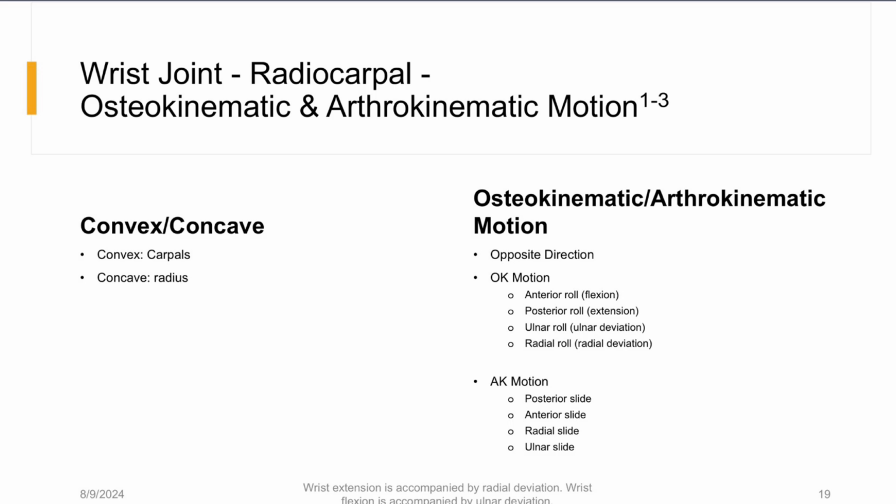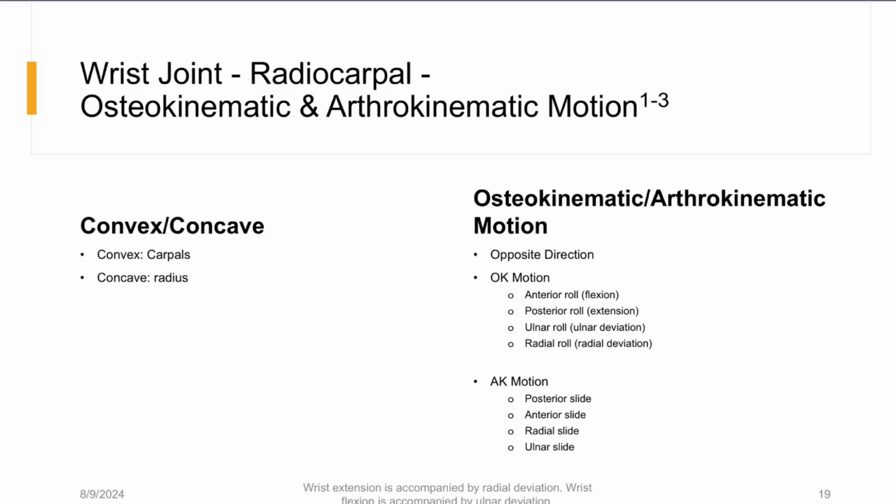So with flexion at the wrist, you're going to get an anterior swing and roll with a posterior slide or glide. With extension, you get a posterior swing and roll with an anterior slide or glide. And then with ulnar deviation, you get what they call an ulnar roll or ulnar swing with a radial slide or glide. And with radial deviation, you get a radial roll and swing with an ulnar slide or glide.